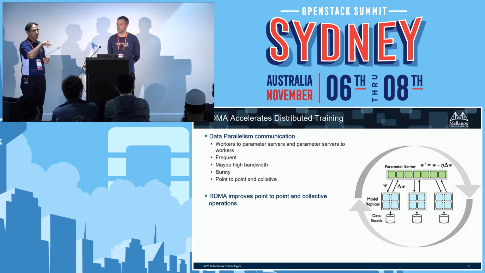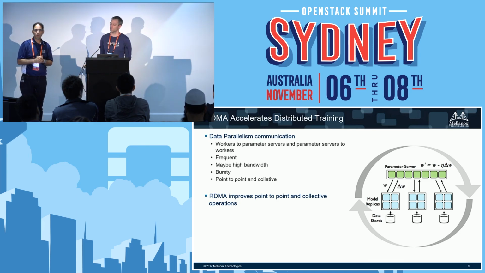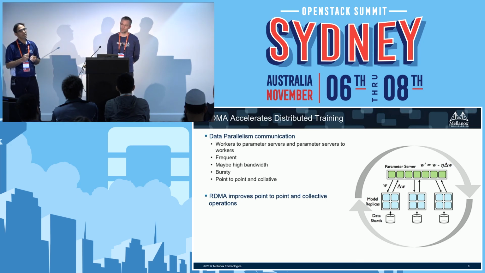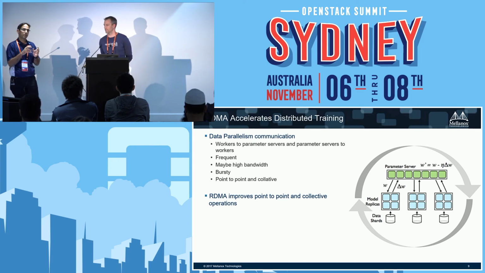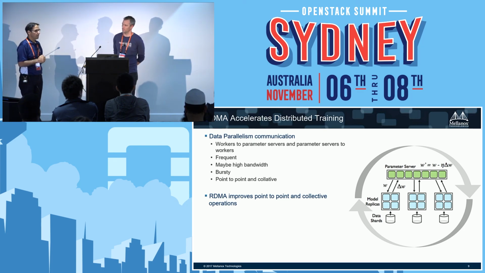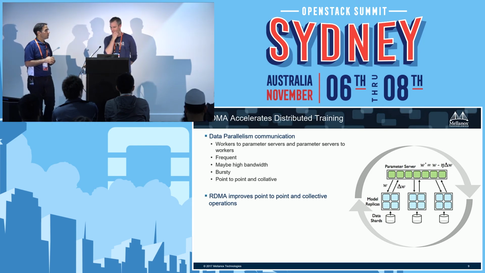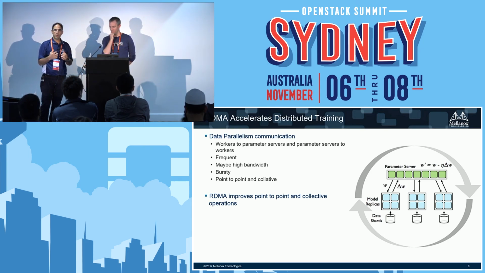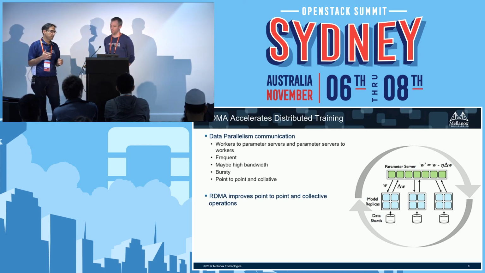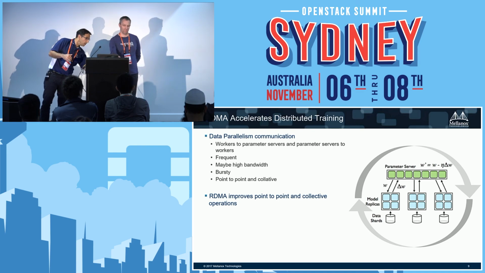Now, this traffic that goes between the parameter server and the worker can be very bursty and very high bandwidth. Models may be 20, 30, 50 gig of different parameters. So there's a lot of heavy traffic around the network, and RDMA really drives a much more efficient use case.